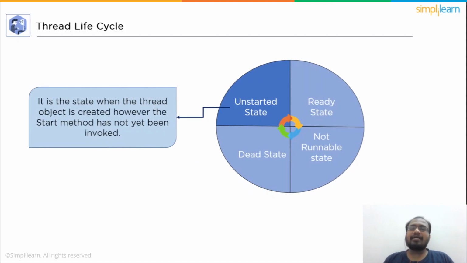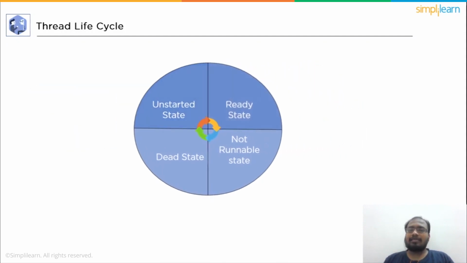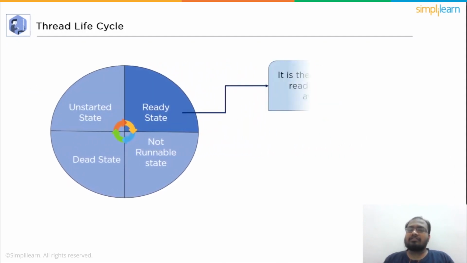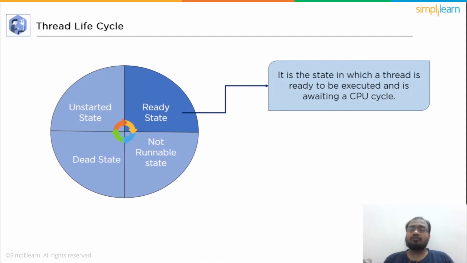First is the unstarted state. It occurs when a thread object is created, but the start method is not invoked. Next, we have the ready state. In this state, the thread is ready to execute, but it's still awaiting a CPU cycle.